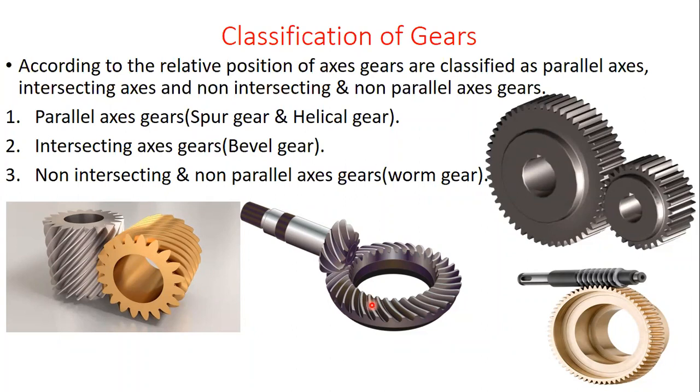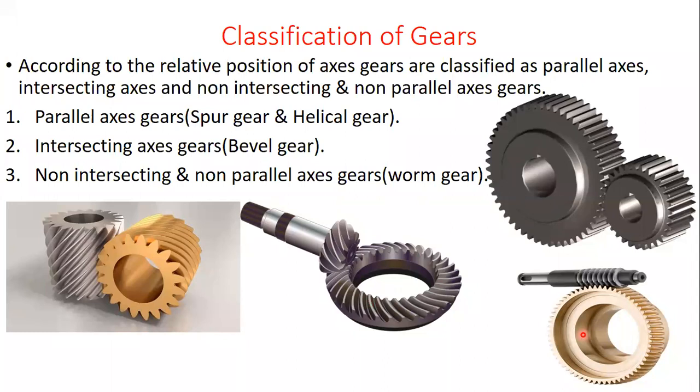And the last one is neither parallel nor intersecting. Those are called non-parallel, non-intersecting axis gear. And the example is a worm gear. Which type of gears will we call non-intersecting and non-parallel axis gear?